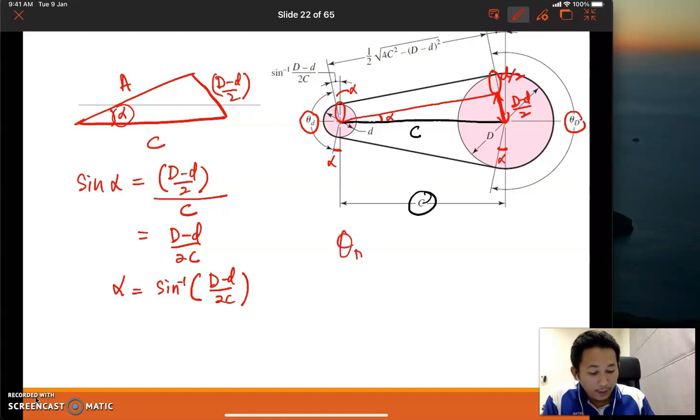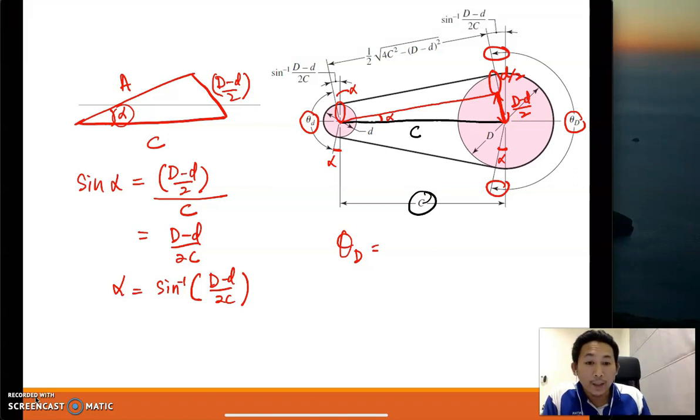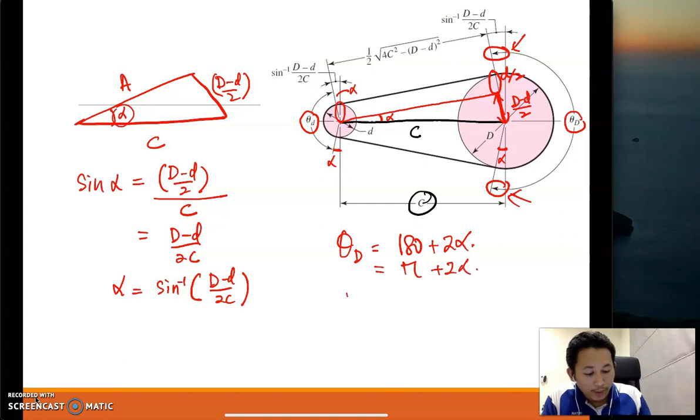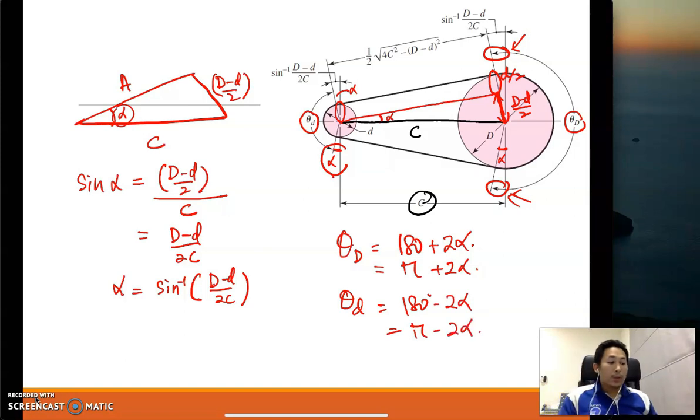So for theta D, the bigger one, we have 180 degrees plus alpha and alpha, so pi plus 2 alpha, while for the driver it is 180 minus 2 alpha, which is pi minus 2 alpha. That is the equation.